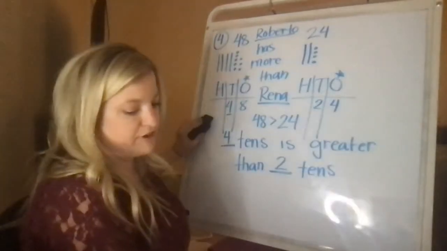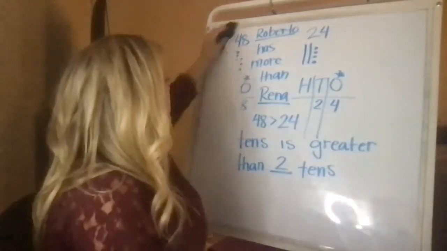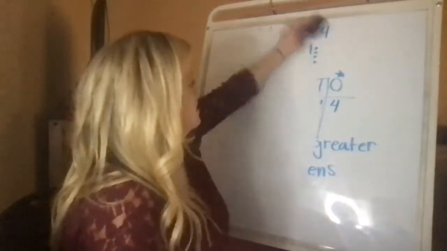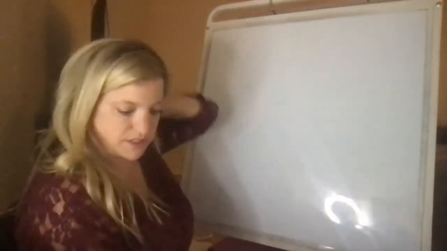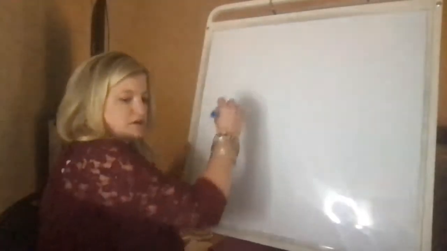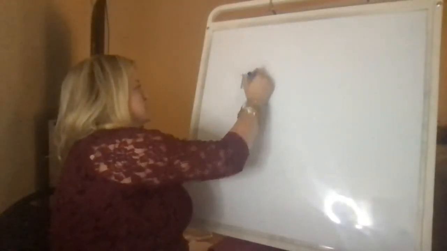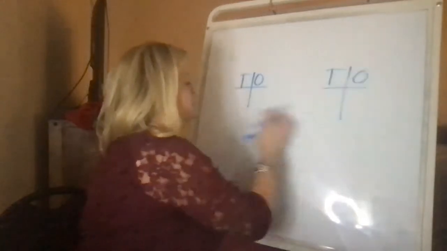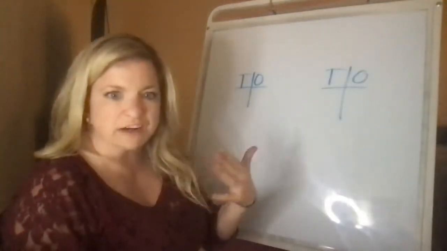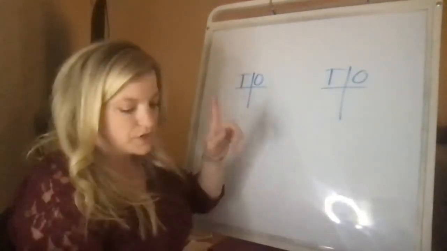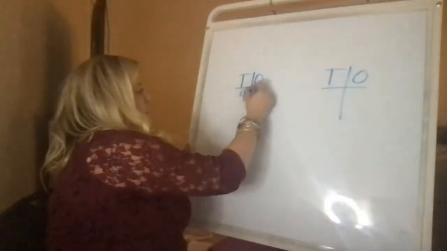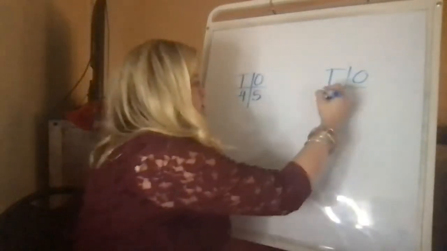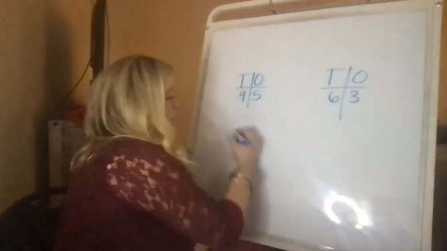Next up for problem number 5, we're comparing 45 and 63. So if I compare those numbers, it says which number is greater. So I have tens and ones, tens and ones. So here we just have tamales, ouch. All right. So I'm going to put in 45 and the other one was 63.